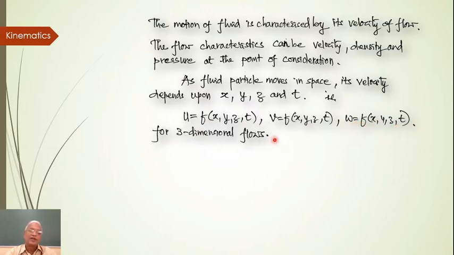So for three-dimensional flow, if it is a two-dimensional flow, one of these axes gets omitted and then only remaining x, y and t will be coming. Likewise, it can reduce up to unidirectional or one-dimensional flow.